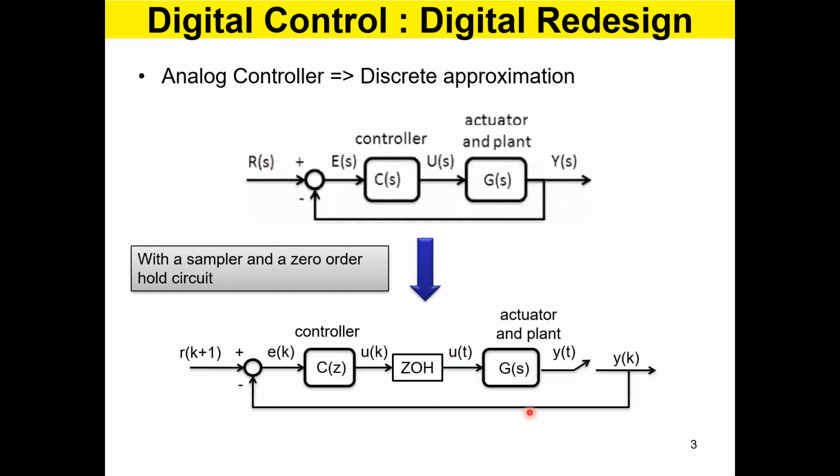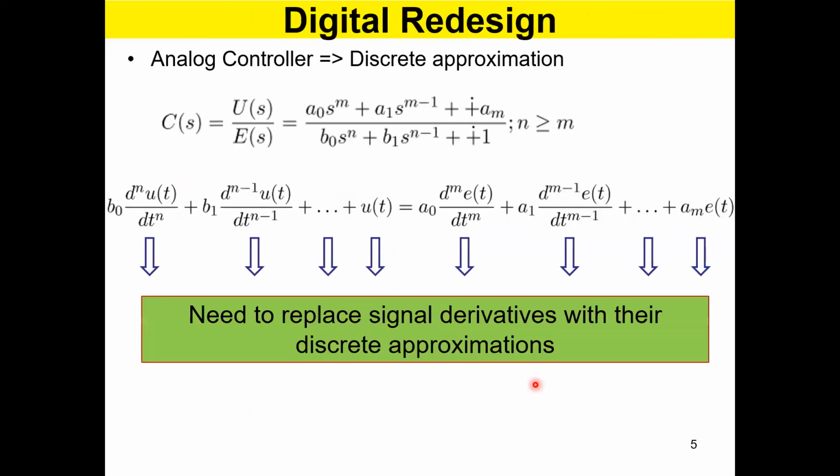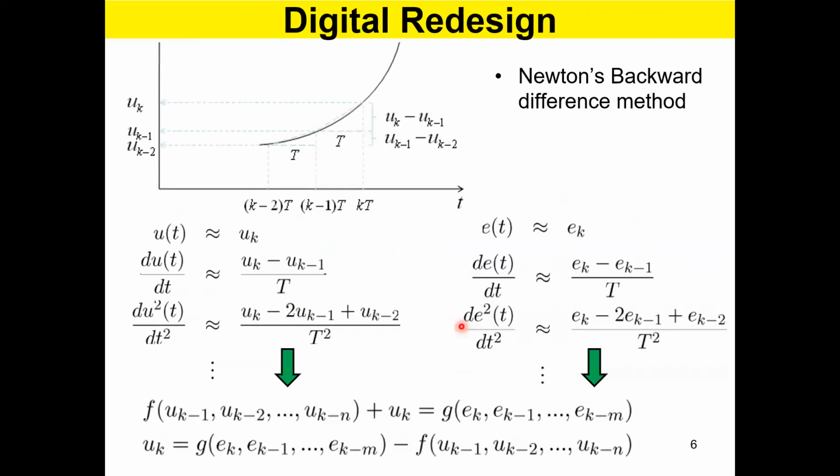But when we dig deep down into the problem, we figure out the actual problem. It is just this. If I have a discretization method for differentiation, I'm done. So actually it is not a big deal.